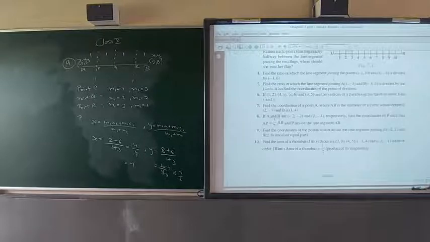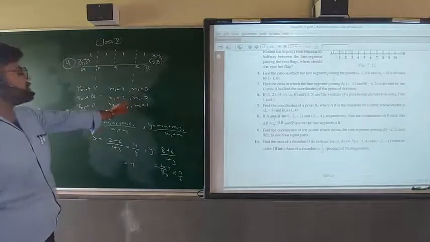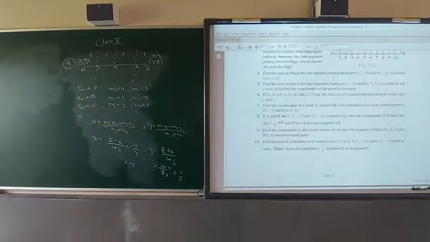So the point P is (-1, 7/2). Similarly, you can find the points Q and R by applying the same formula with their respective M1 and M2.